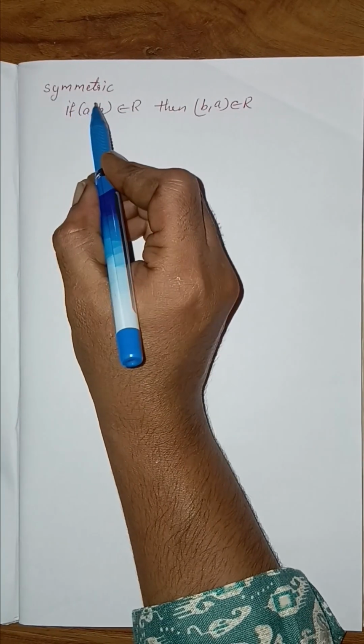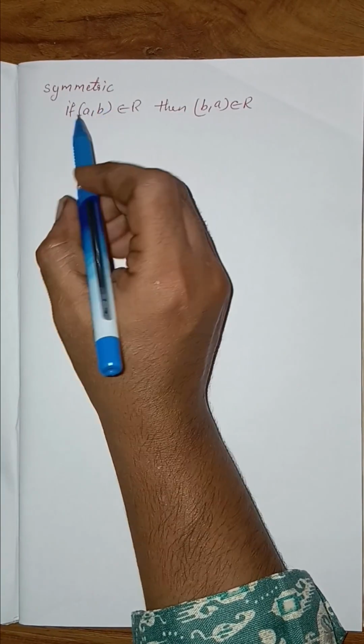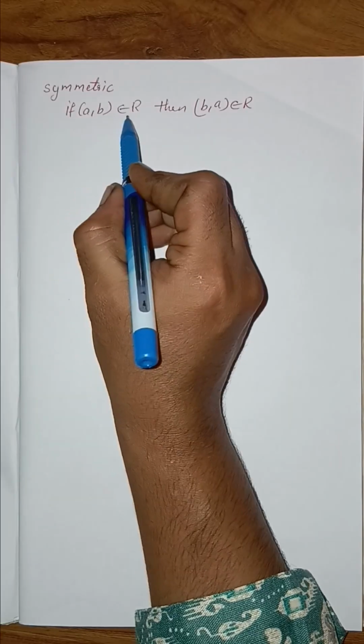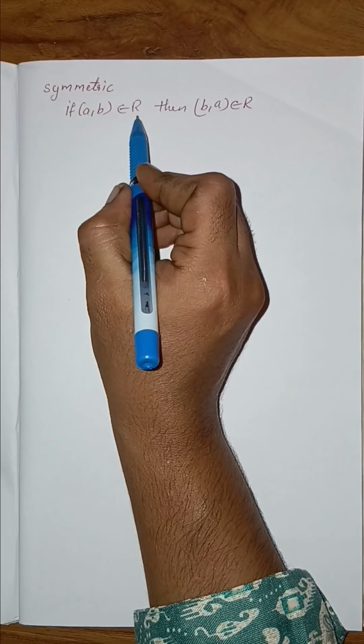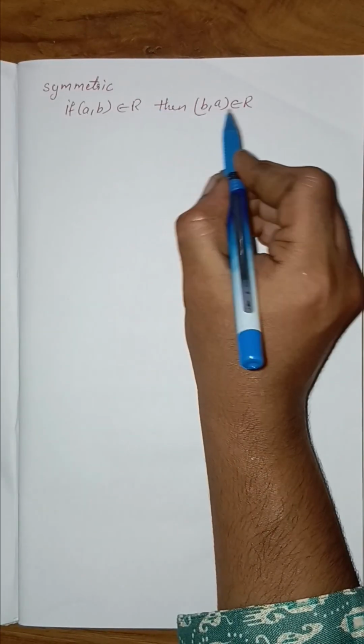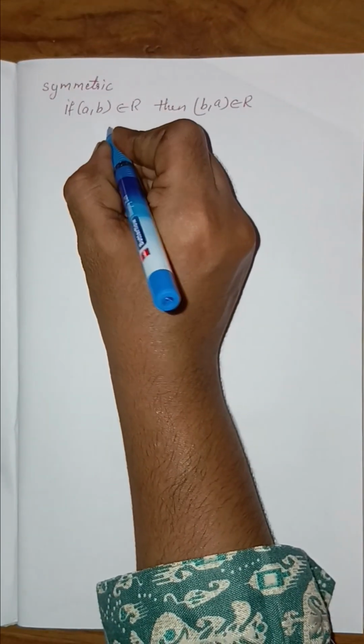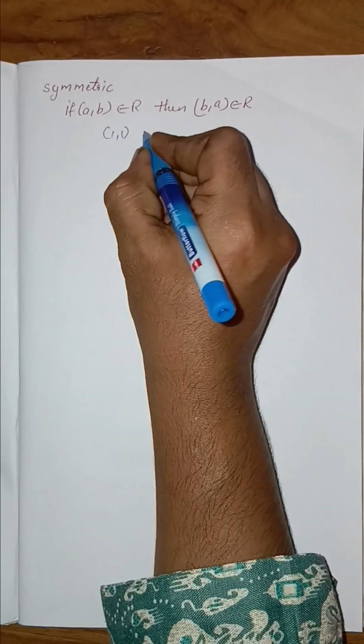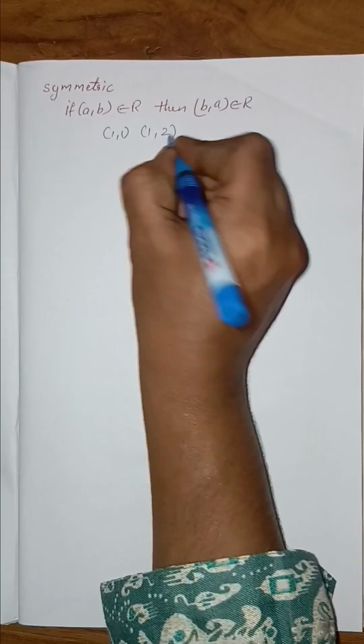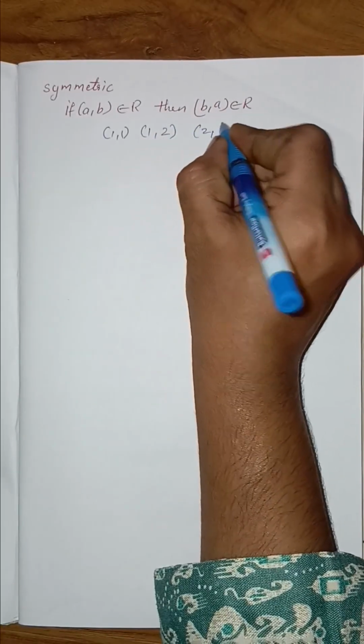Symmetric. In a symmetric relation, we have to see that if A comma B belongs to R, then B comma A also should belong to R. If we take an example with 1 comma 1 and 1 comma 2, then 2 comma 1.